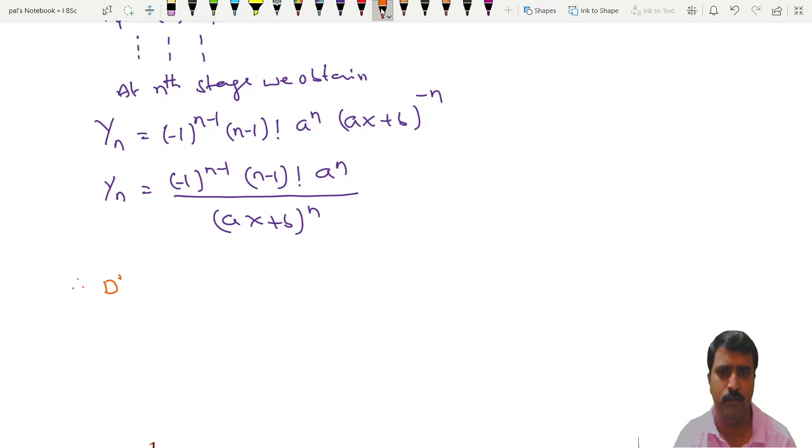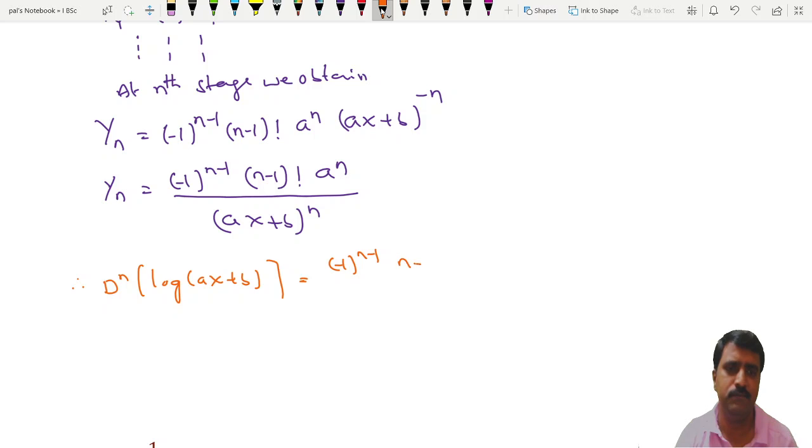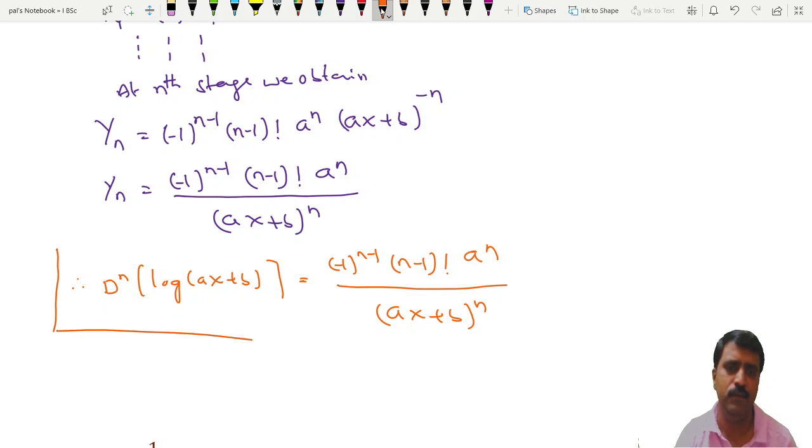Therefore nth differentiation of log ax plus b is equal to minus 1 to the power n minus 1, n minus 1 factorial into a to the power n, divided by ax plus b to the power n. So this is the nth differentiation of log of ax plus b. You should remember this standard result.